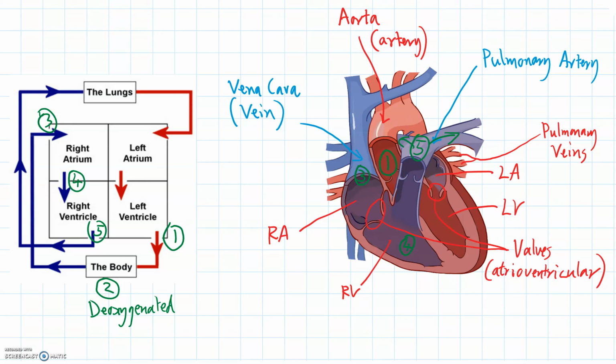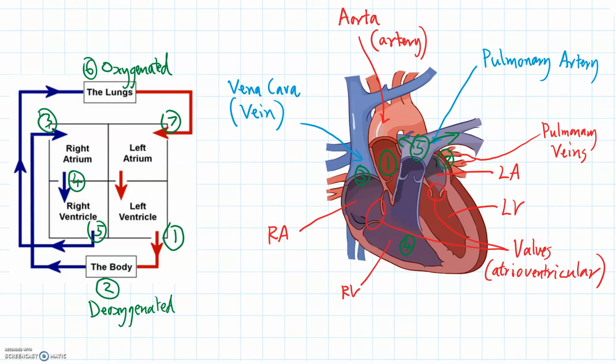Then over at the lungs, the blood becomes oxygenated. And then that freshly oxygenated blood returns to the heart and enters the top of the left atrium through the pulmonary veins.